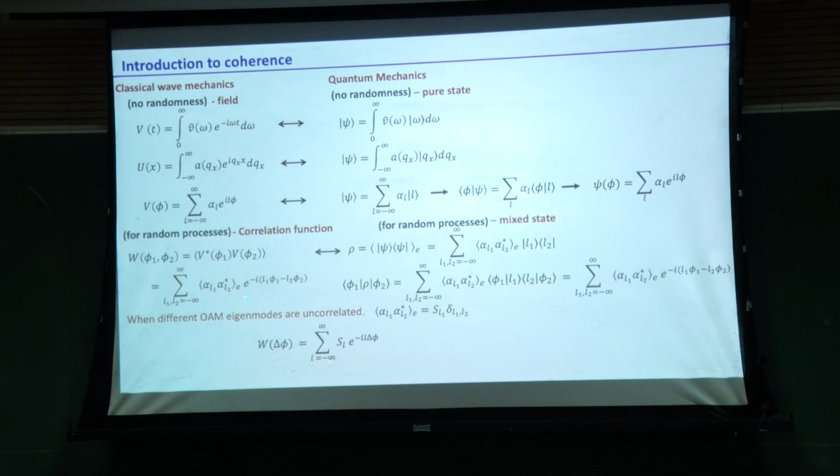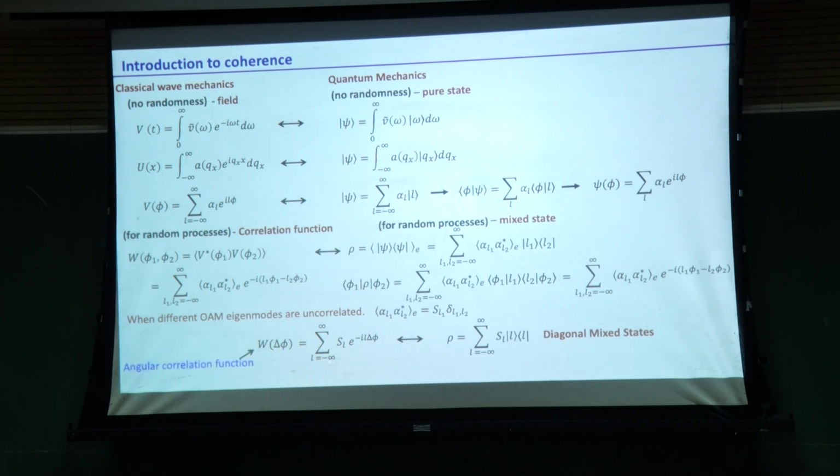And in the quantum case, when it's not correlated, this rho becomes just a diagonal mixed state. The density matrix becomes diagonal.